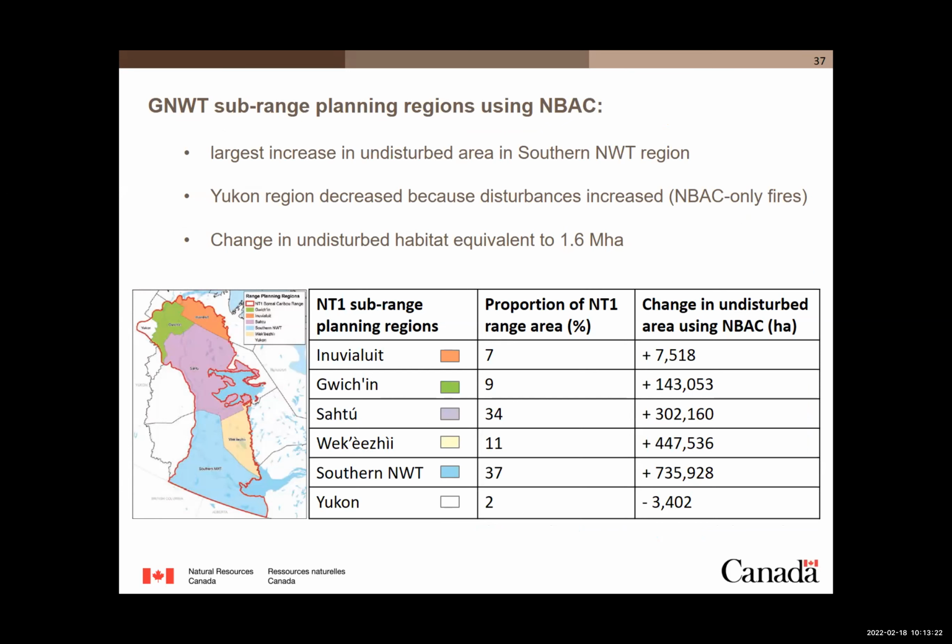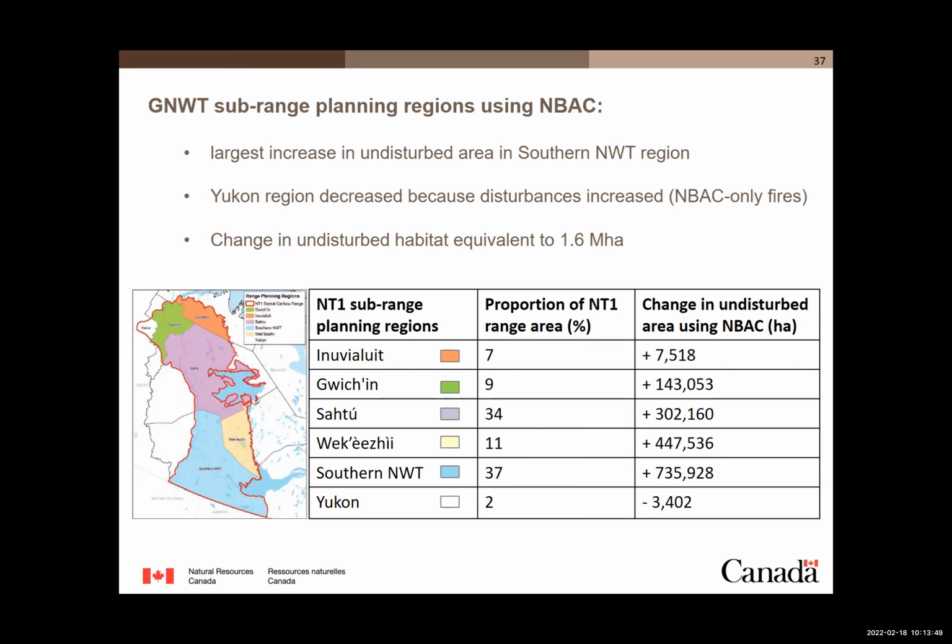But what is interesting, I find, is that in the Southern Northwest Territories region, which I think has the most fire activity of all the subregions, we saw the largest increase in undisturbed habitat for caribou, at just over 700,000 hectares. And again, this work was done in collaboration with the Government of the Northwest Territories, and all the numbers and values have been reviewed by the Department of Wildlife.